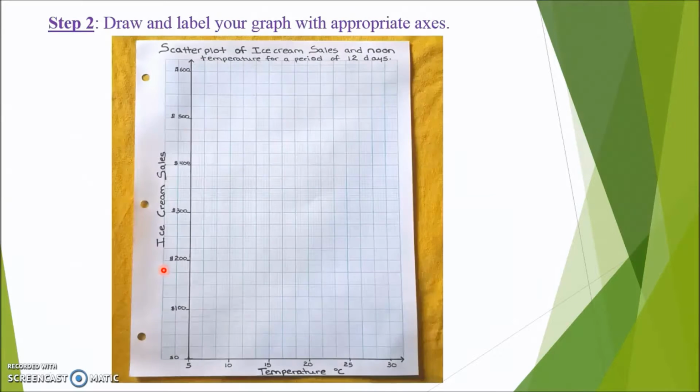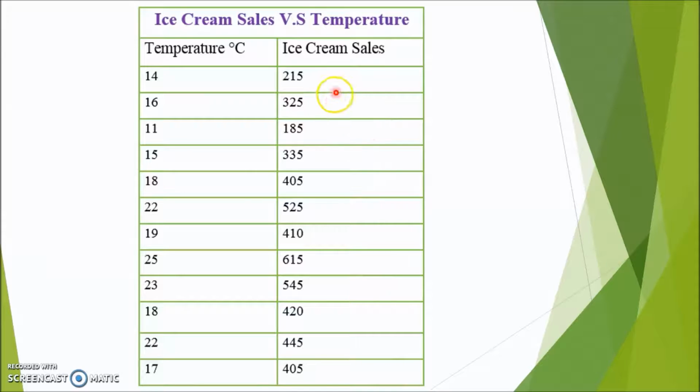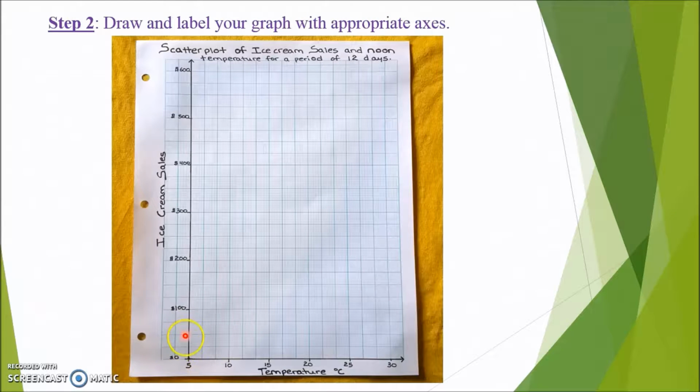Thus, for my scale, I used 3 1cm blocks to represent 5 degrees Celsius and went straight until 30 so it wouldn't be exact. Now for my y-axis, going back to the table, ice cream sales range from 185 to 615, and therefore I used 4 1cm blocks to represent $100.